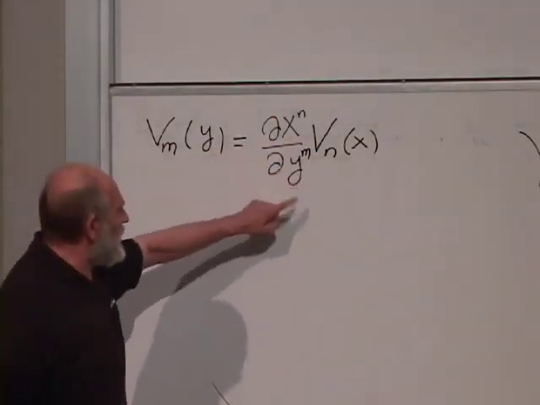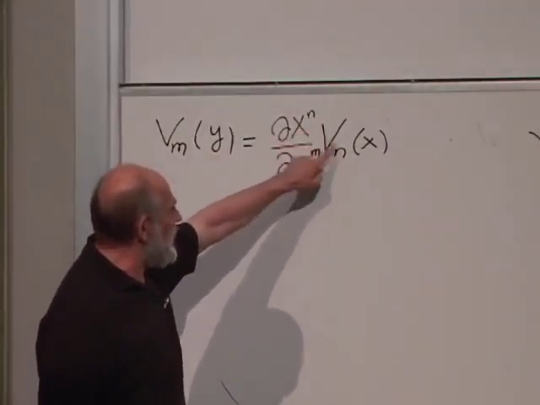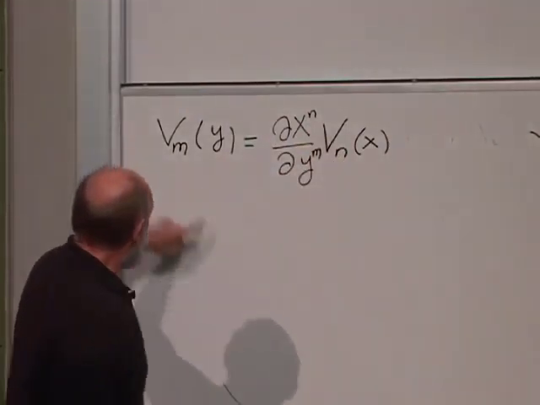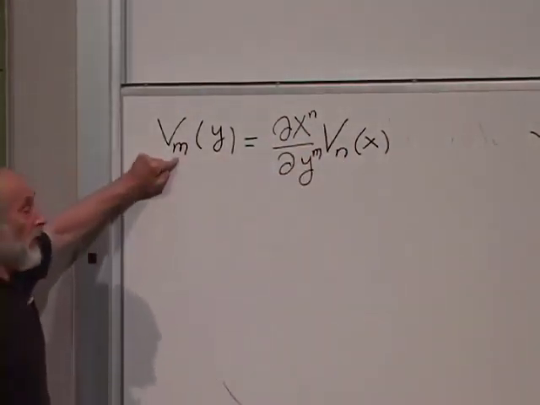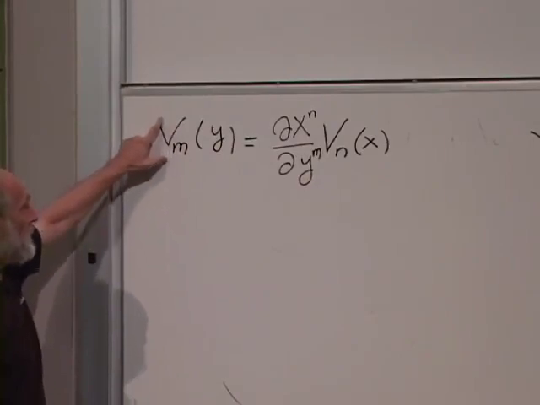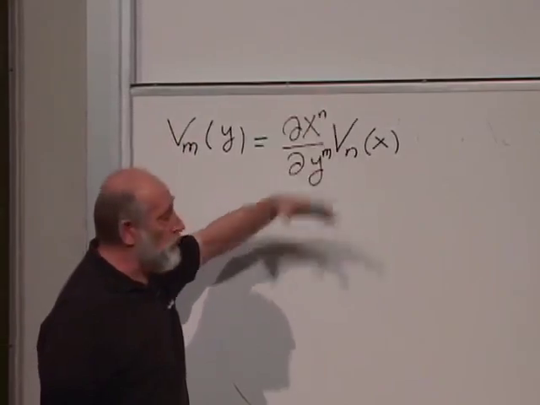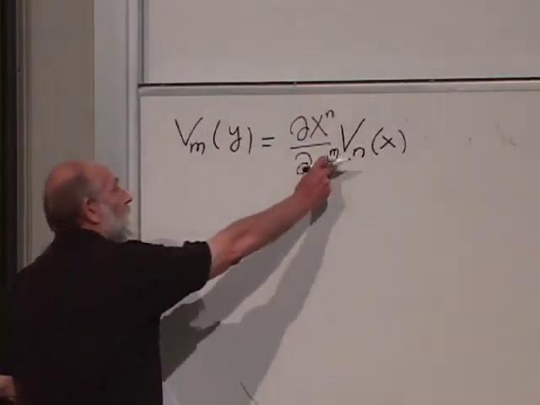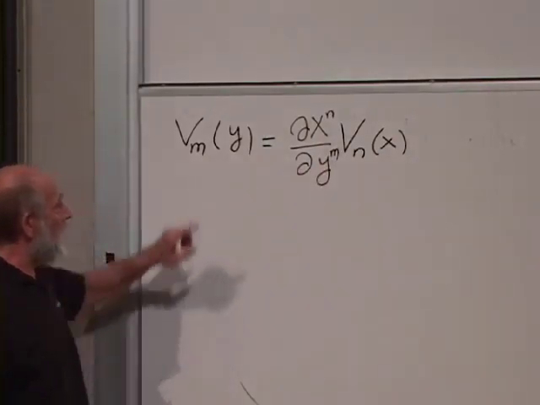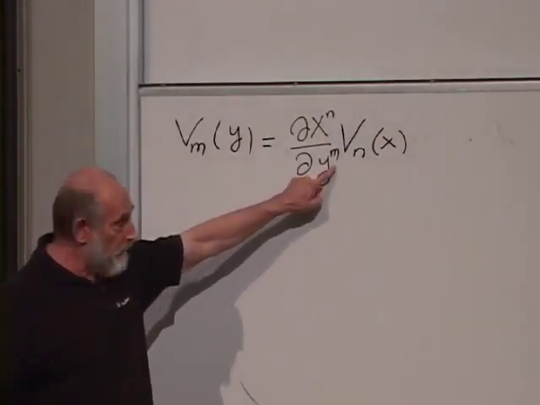These are the set of objects that you use, and keep in mind that the summation convention is in force here, so summing over n. The open index on this side is m. So this side here is the mth component of v. The n index here is summed over, so it's just a dummy index, but on both sides you have an open index m. And notice that that open index m has to do with y.